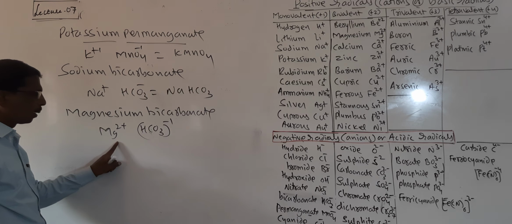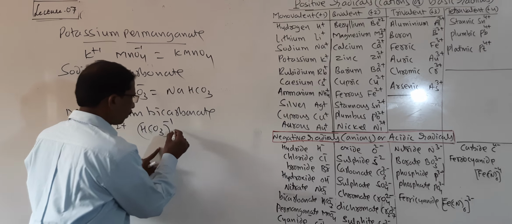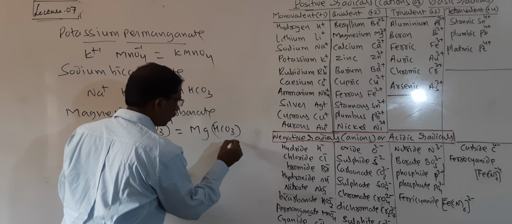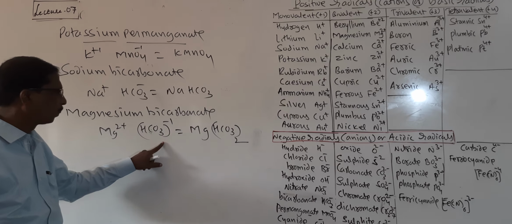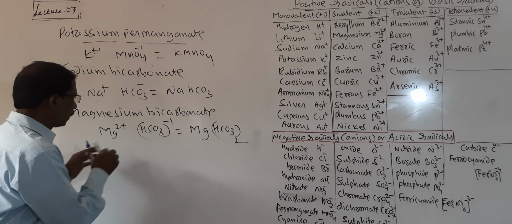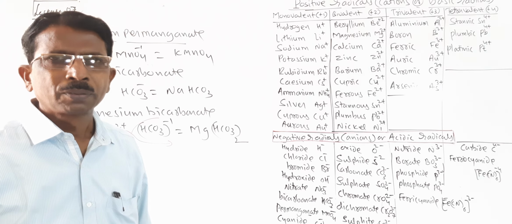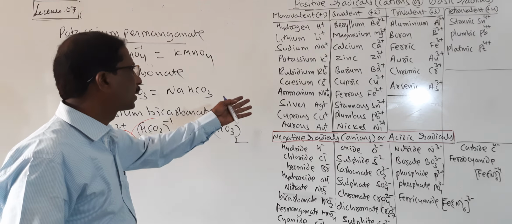Look here, so magnesium bicarbonate is Mg(HCO3)2, right? That is right. It is multiplied by 2 here and 1 here. And you may also write calcium bicarbonate. So many examples are there.